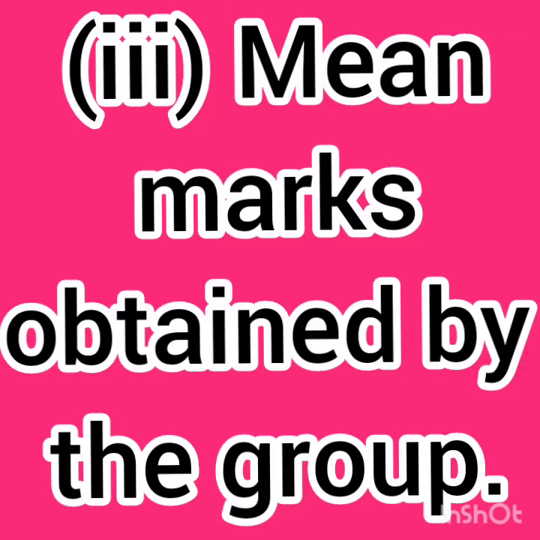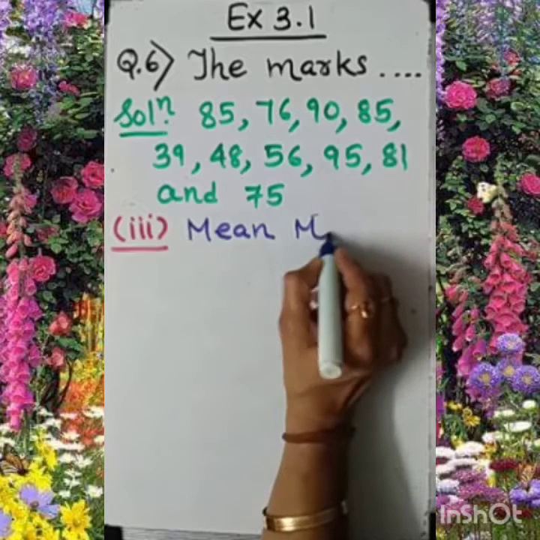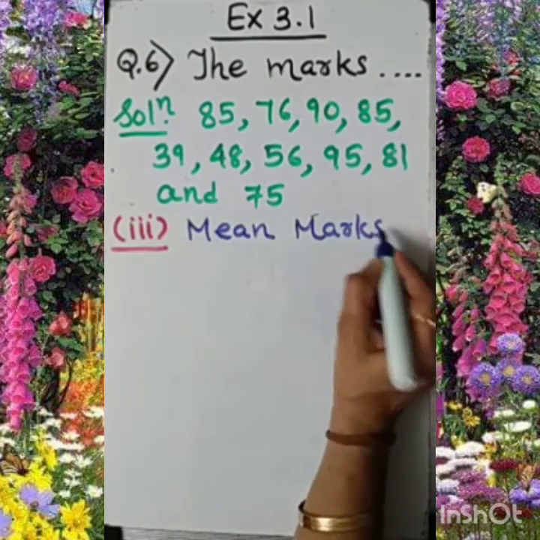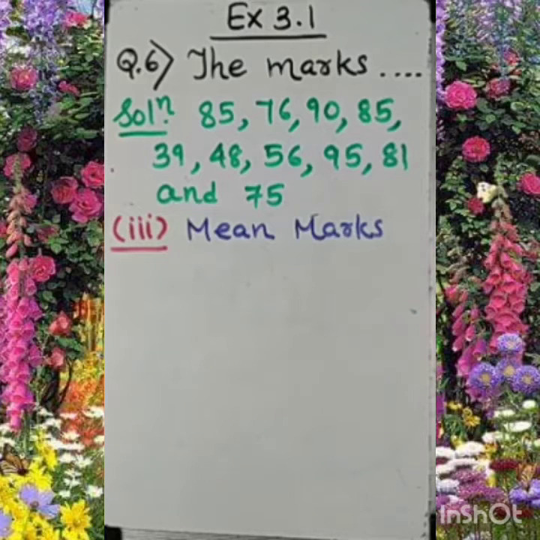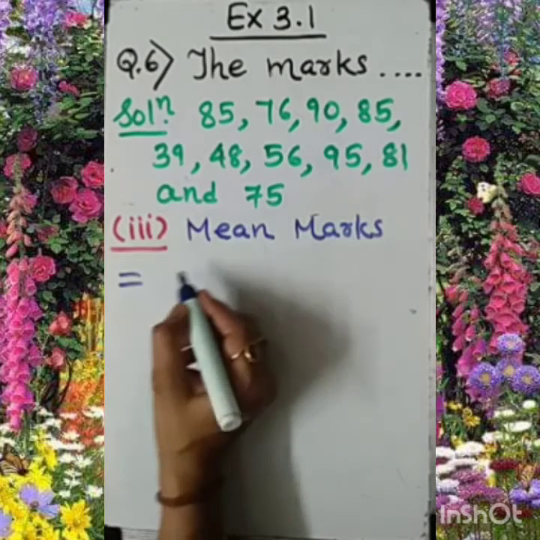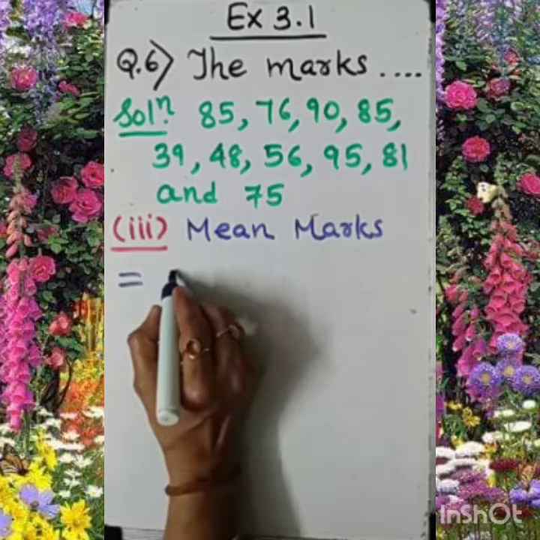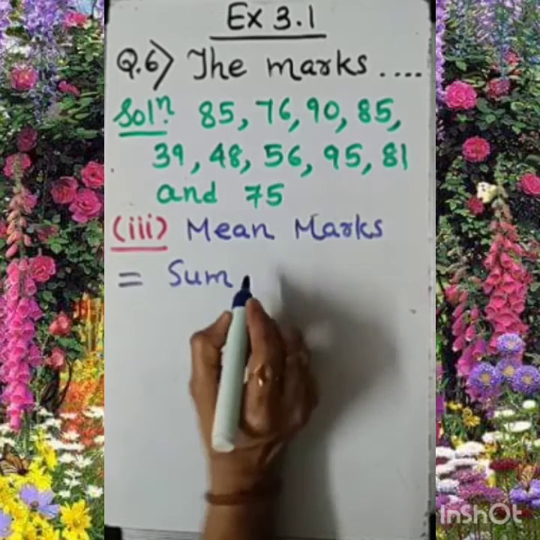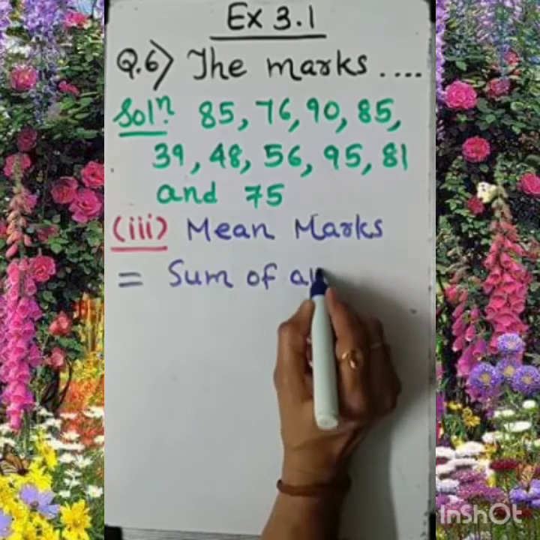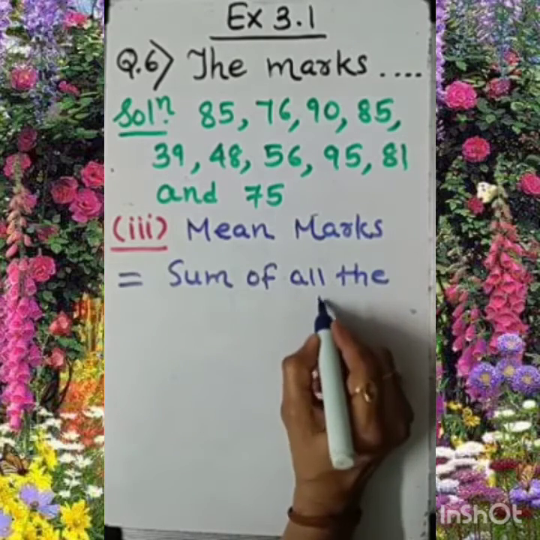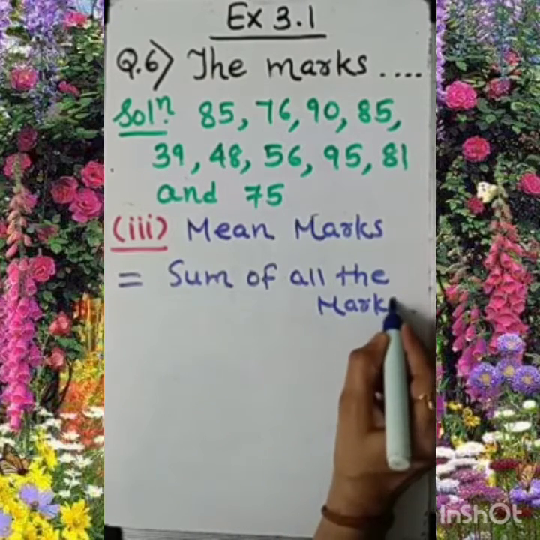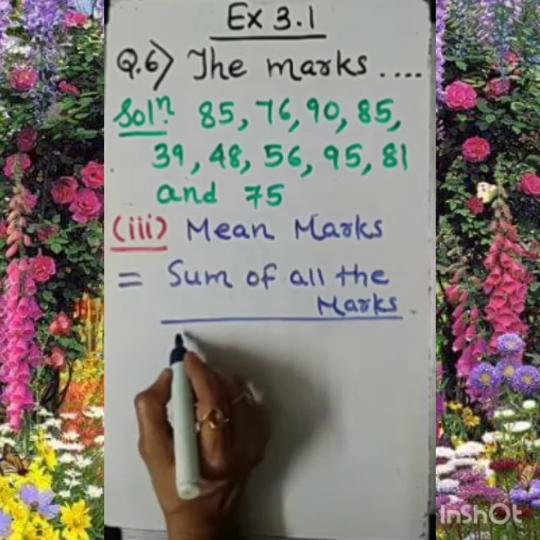Dear student, here is the third question now. We are asked to find the mean marks obtained by the group. As we know, to find the mean, we need the sum of all the marks, which will be divided by the total number of students.